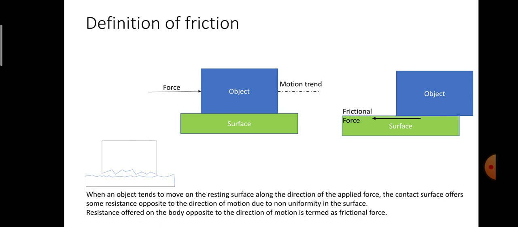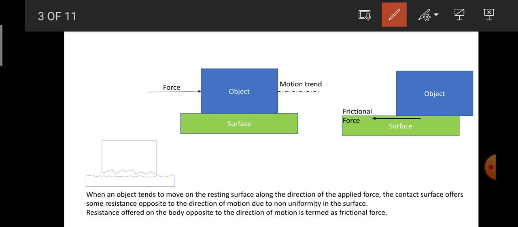Here you can observe that the sketch represents the overall concept of friction, wherein an object is resting on a surface and is subjected to a force which is pushing the object, so that there is a resultant motion trend along the direction of the force applied.